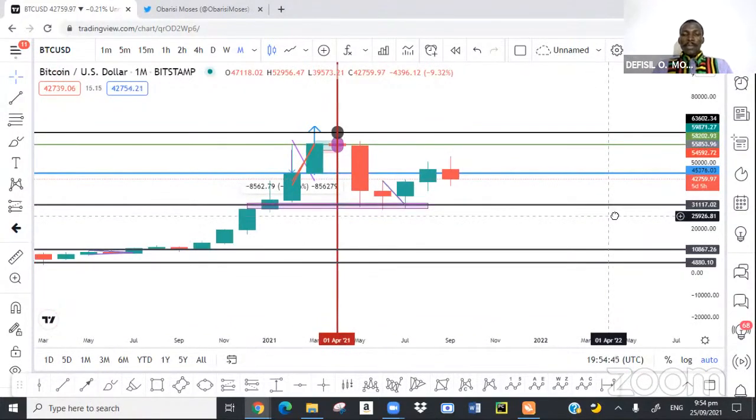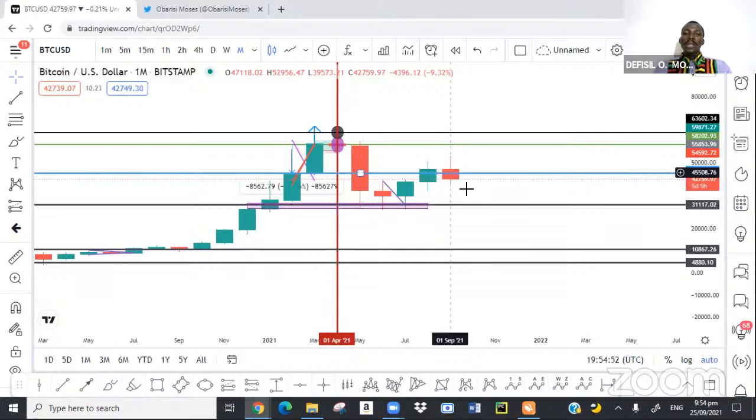On the monthly time frame, we have Bitcoin in a bearish move. We have a long rejection at the top and a small rejection at the bottom, which indicates that the bears are in a strong war on the monthly time frame of Bitcoin.